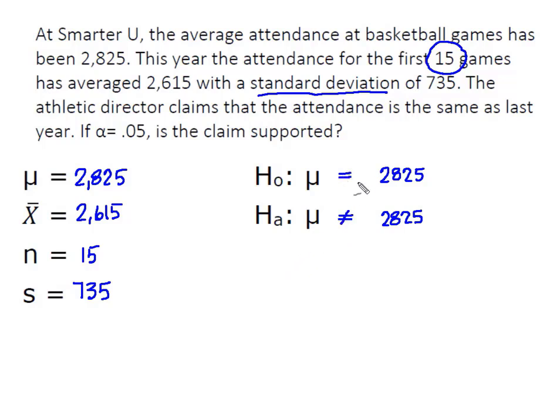I knew to put the equal to sign in my null hypothesis because remember, in the alternative we never have an equal to. We either have less than, greater than, or not equal to. So this not equal to in HA tells me I'm going to run a two-tailed test. Having the sample standard deviation tells me that I'm going to run a t-test.